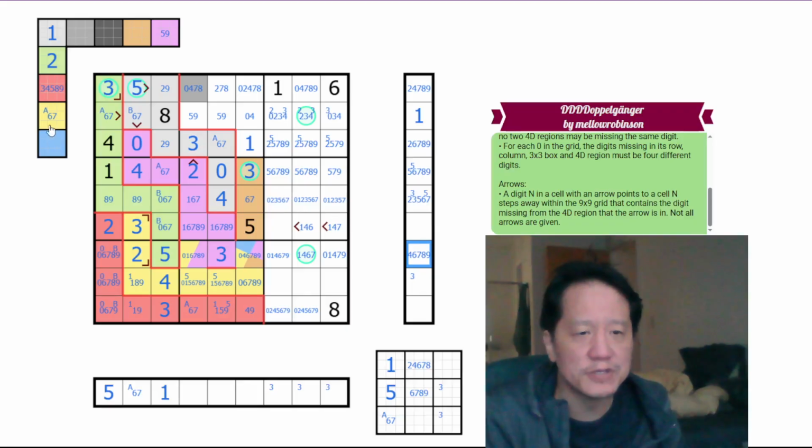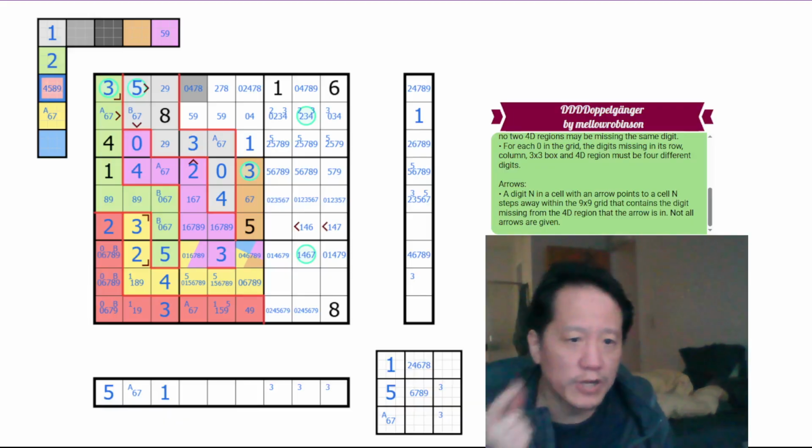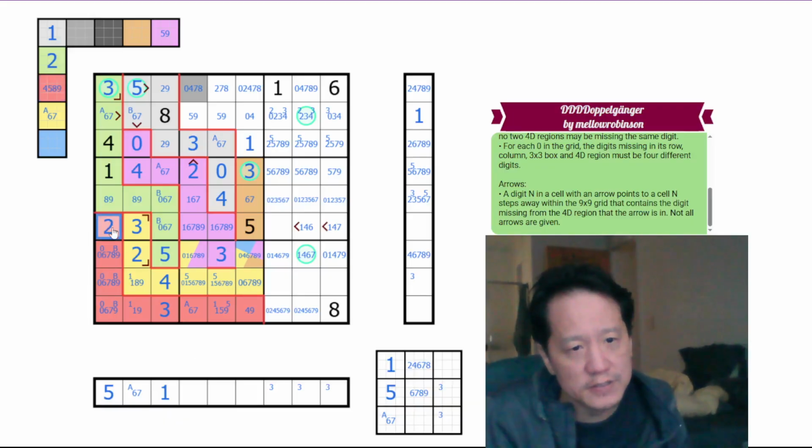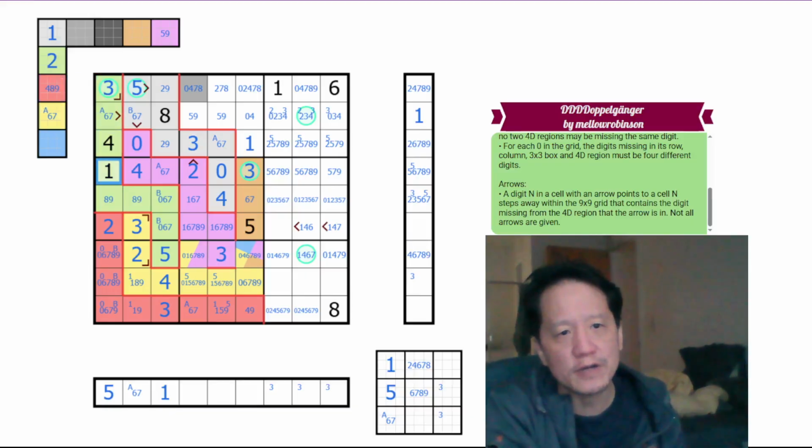Red is not missing a 3. Red cannot be missing a 5 because the 0 in that red region is missing a 5 in the column. So it's 4, 8, or 9.